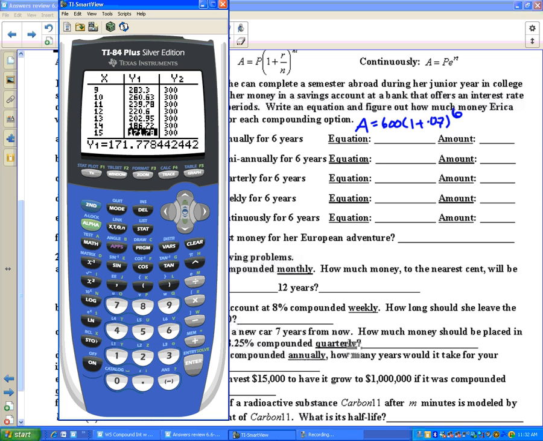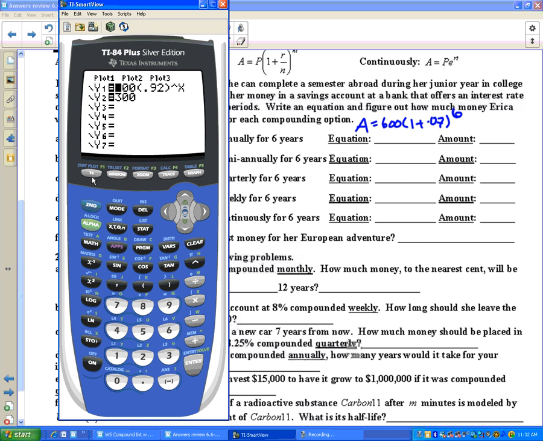Pull up my handy-dandy calculator. I'm not going to go to y equals. I'm going to go to a blank screen. I'm going to do 600 times 1 plus 0.07 to the 6th power, which is $900.44.